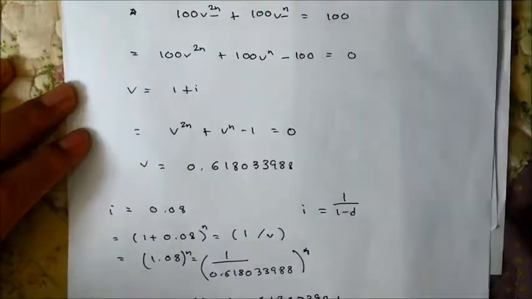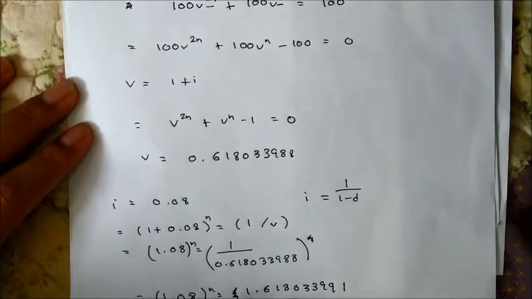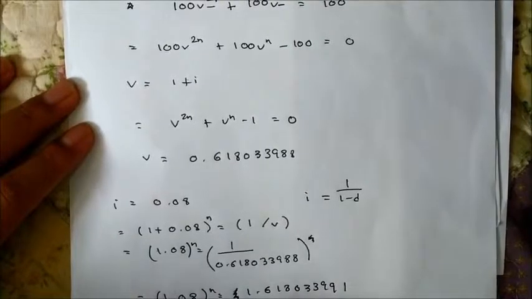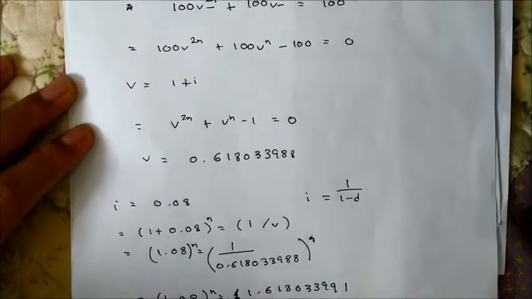So to solve n, applying ln on both sides will become n ln 1.08 equals ln 1.618033991.